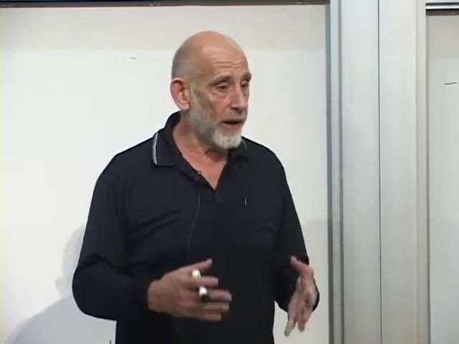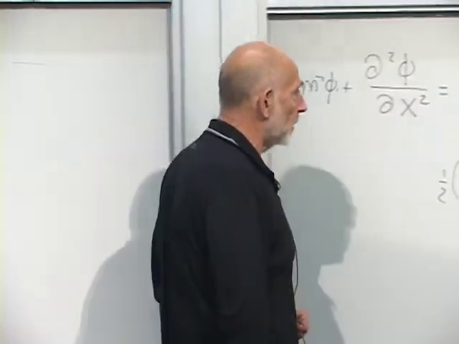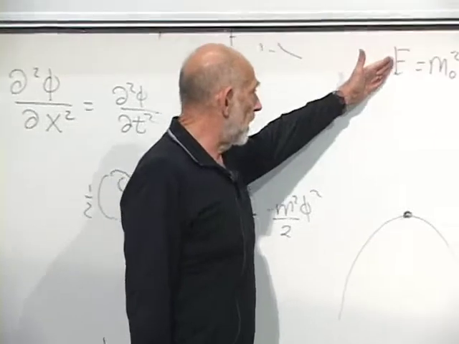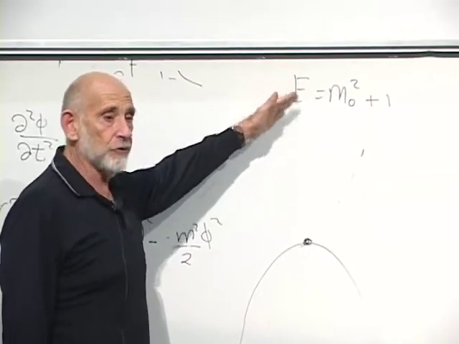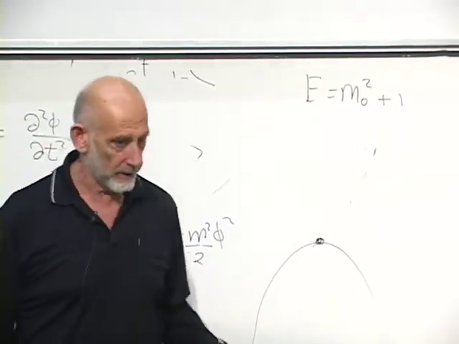Free strings means it's an isolated string moving by itself, unaccompanied by any other, and doing nothing except propagating along some axis and doing its own internal wiggles. But the manifestations of its wiggles are simply a discrete collection of energy levels and also angular momentum.